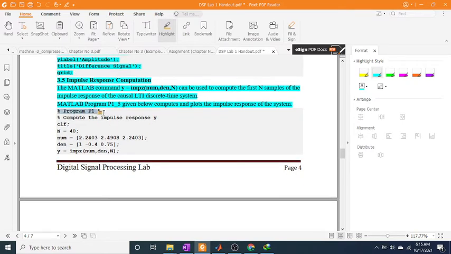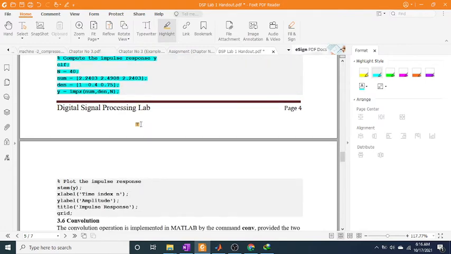Program P1_5: compute the impulse response y. clf; N = 40; num = [2.2403 2.4908 2.2403]; den = [1 -0.4 0.75]; y = impz(num,den,N). Digital Signal Processing Lab page 5.